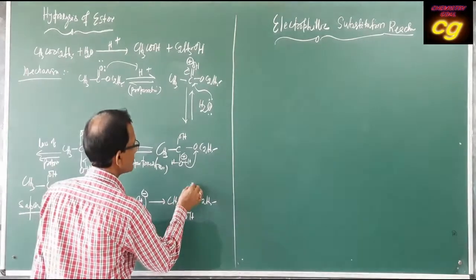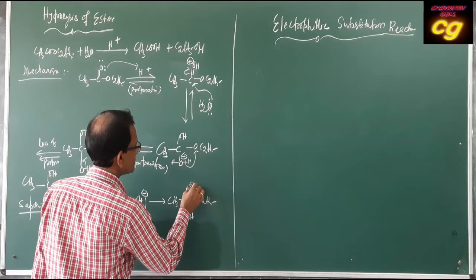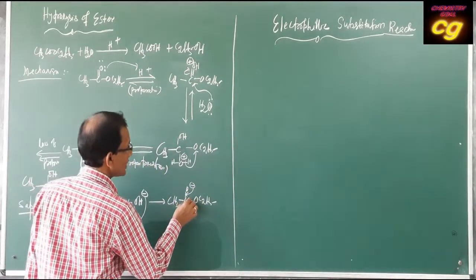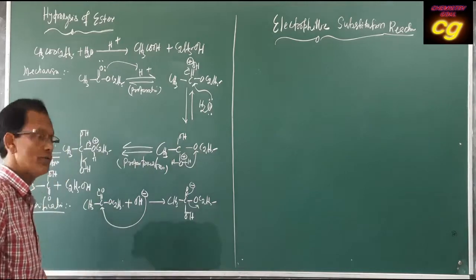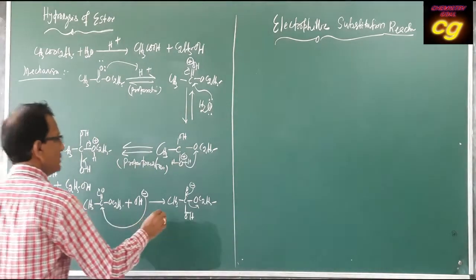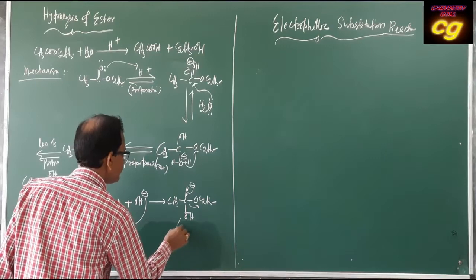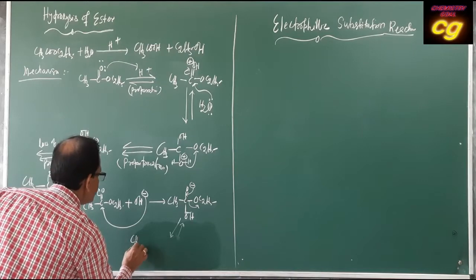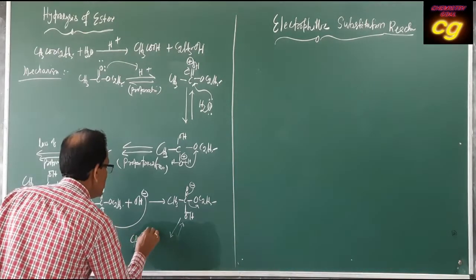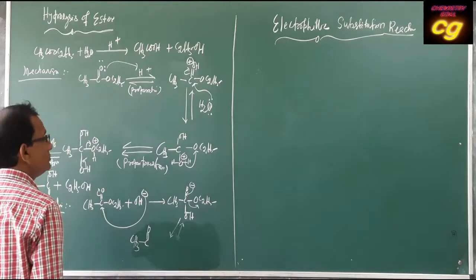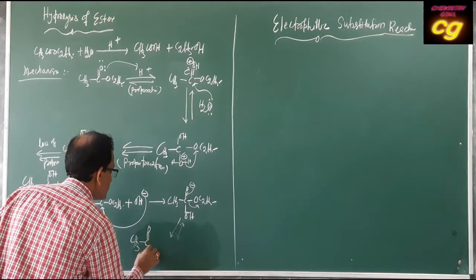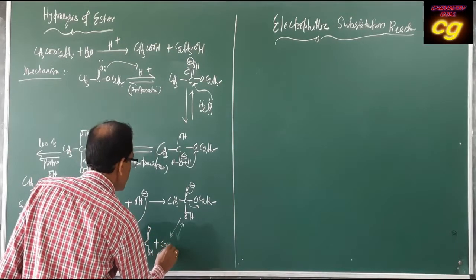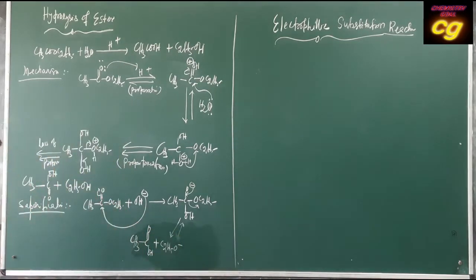Then what happens? Then this negative charge delocalizes towards carbon and there is loss of C2H5O minus. Then the product will be CH3, C double bond O, OH, plus C2H5O minus.